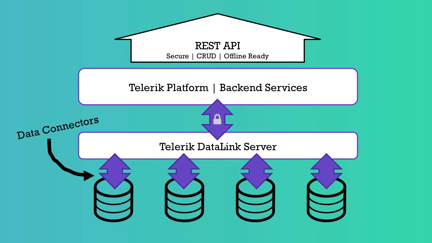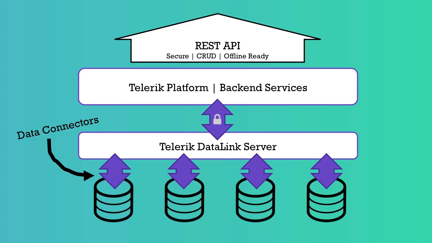The data link server supports things called data connectors, which are your link between the data link server and your legacy data stores. And since Telerik has been acquired by Progress, all of these data connectors are powered by Progress Data Direct technology. And Data Direct is a longtime leader in data connectivity and data integration, which makes it a very powerful and robust way of exposing existing data from SQL Server, Oracle, MySQL, and more than 20 other data sources to Telerik Platform, and then get that RESTful API on top of it so you can connect it to your apps.